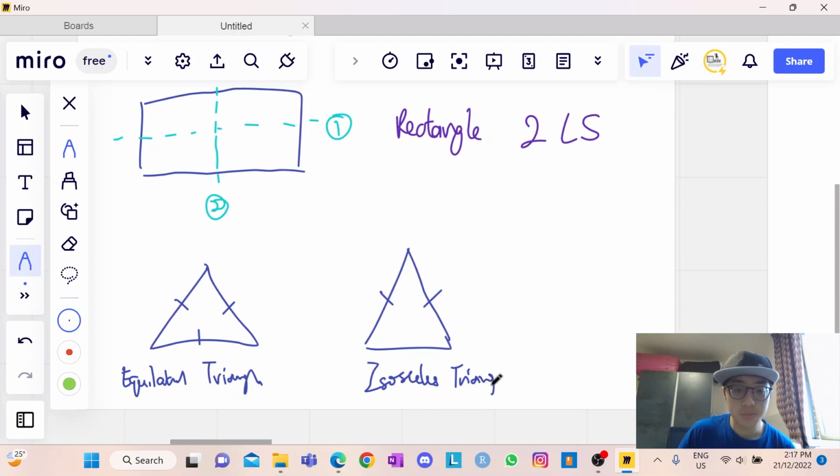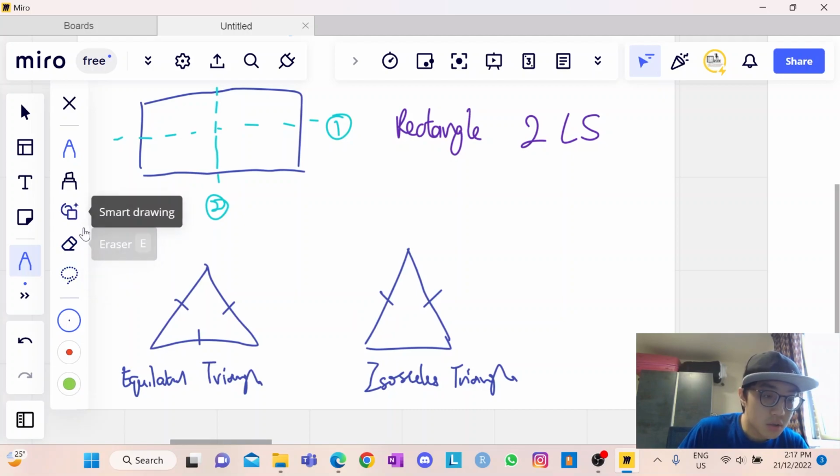The difference between them is that an equilateral triangle has three sides with the same length, and an isosceles triangle has only two the same, so the third will usually be the shorter one. Although both are triangles, they have different lines of symmetry.